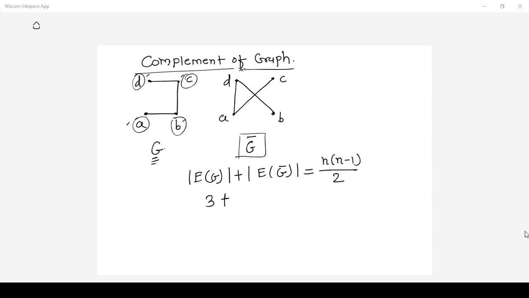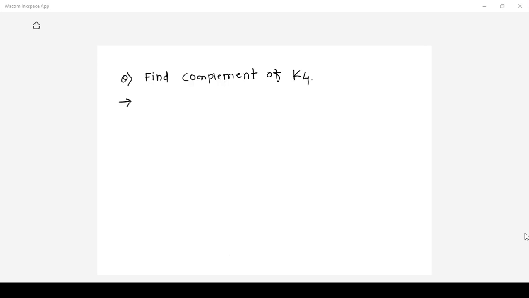In the complement of the given graph also I have three edges. n, the number of vertices in the given graph, is 4, so 4 into 4 minus 1 divided by 2 is equal to 4 into 3 divided by 2. So it becomes 6. 2 2 is 4. So 3 plus 3 is 6. So 6 equal to 6.